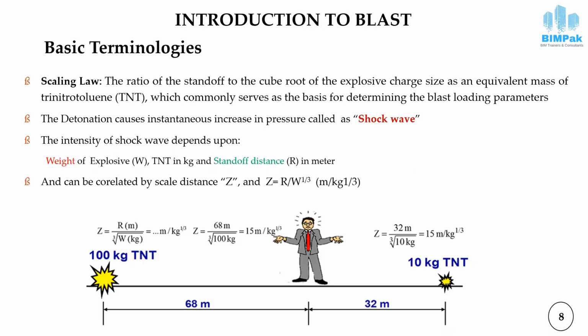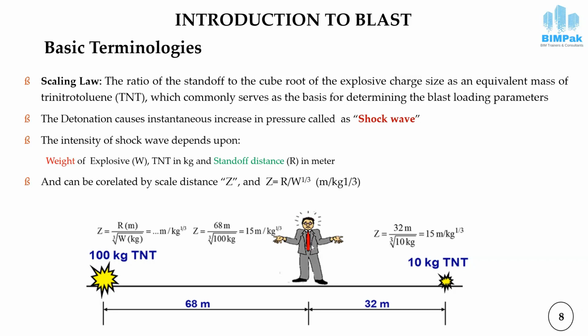But the intensity of the shock wave depends upon two factors. Number one is the weight of explosive material, and the other one is the standoff distance. So these two factors have been represented by another factor, which is called the scale factor Z.